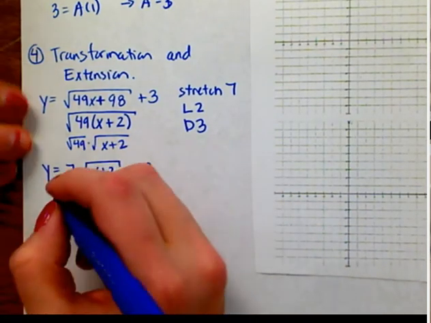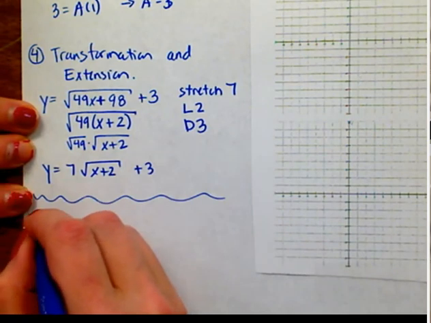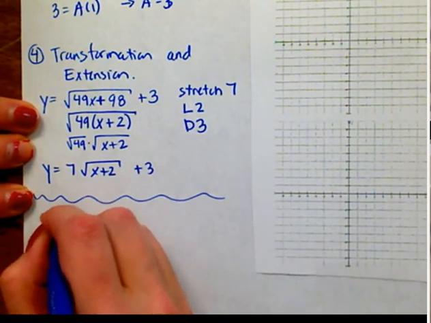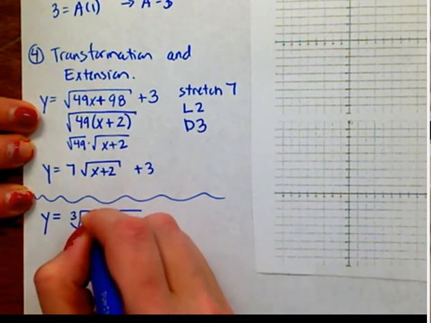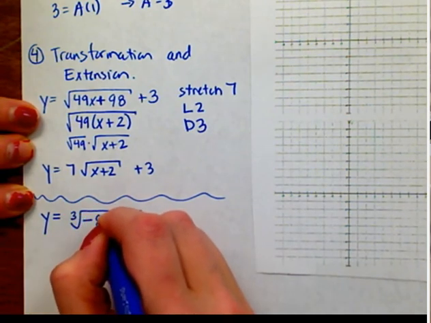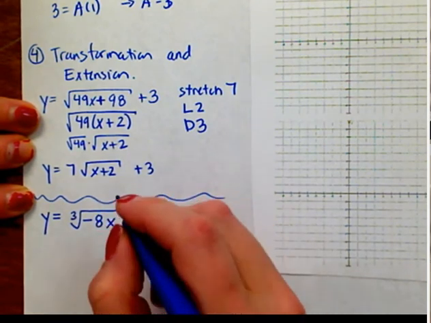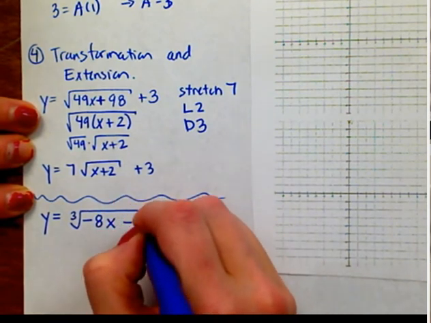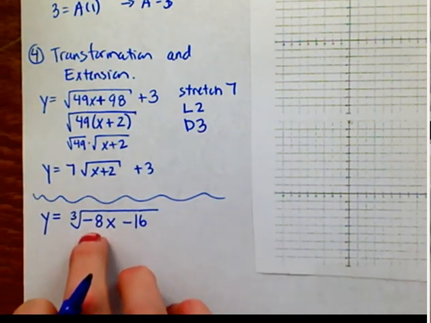Let's look at one that has a cube root. Y equals cube root of negative 8x minus 16. Okay, so I'm looking at my coefficient.